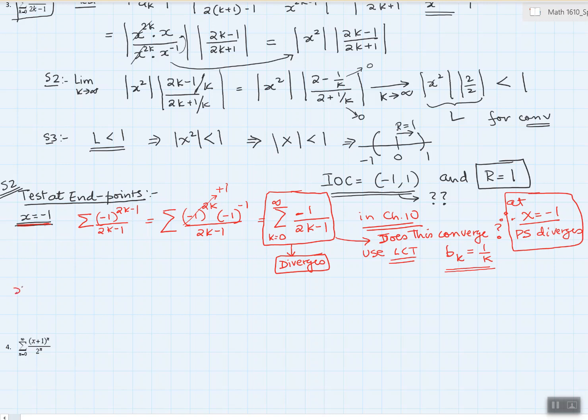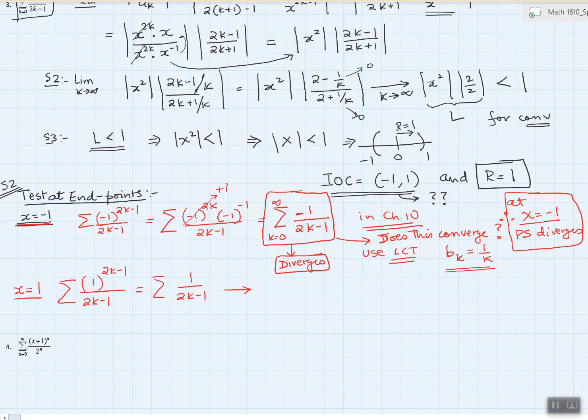Now I have to check at the other point, x equals 1. At x equals 1, I put x as 1, so I get 1 raised to the power 2k minus 1 over 2k minus 1. But this is simply 1 over 2k minus 1.